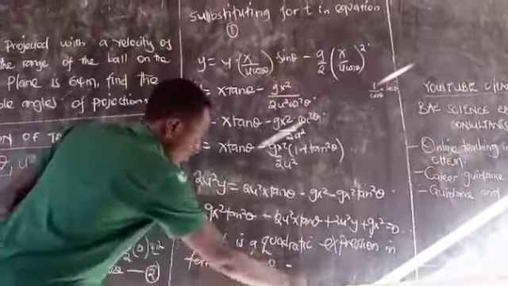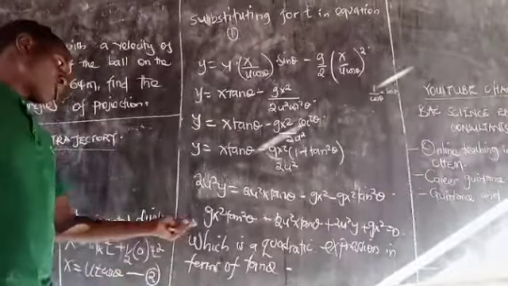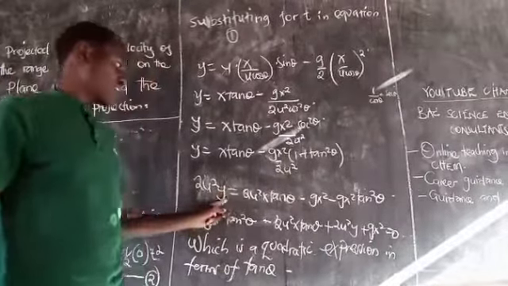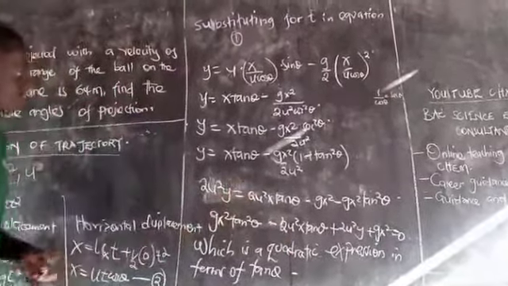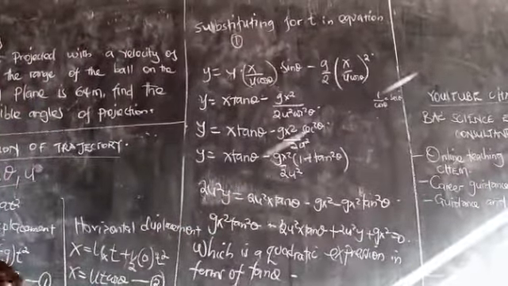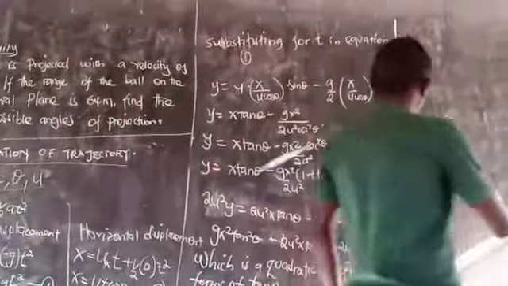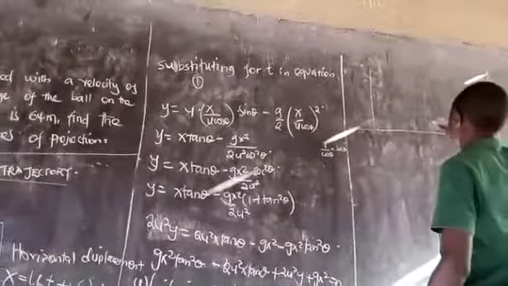What does it tell you? It simply means that for every horizontal distance traveled and vertical distance traveled, for a given initial velocity, there are 2 possible angles of projection that give you the same horizontal distance. And we present this on the diagram as if this is x.